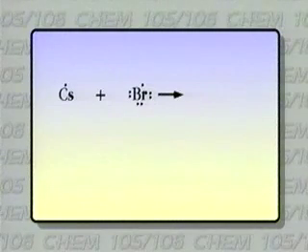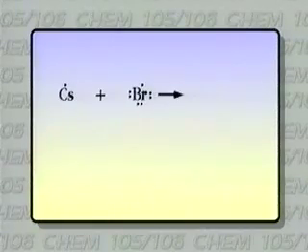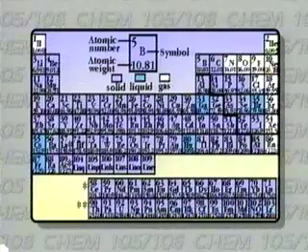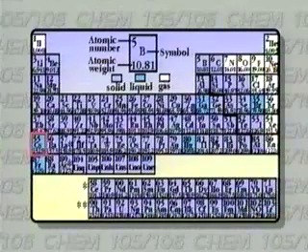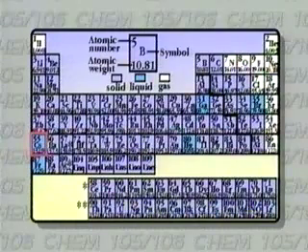And we'll start by looking at the reaction between cesium and bromine. Now, again, if we look at the periodic table and locate the two elements, we see that cesium, element number 55, is in the first column, indicating it has one valence electron.